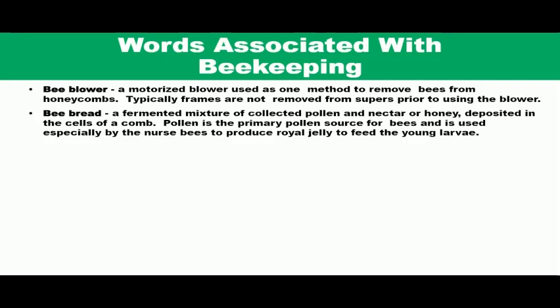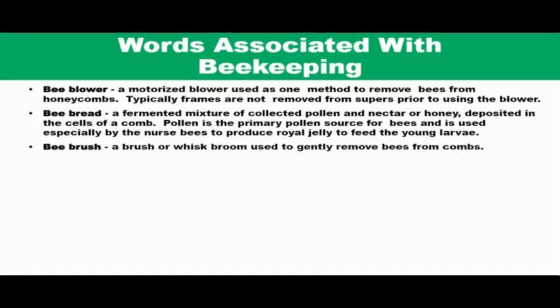That is a fermented mixture of collected pollen and nectar or honey deposited in the cells of a comb. Pollen is the primary protein source for bees and is used especially by the nurse bees to produce royal jelly to feed the young larvae. Okay, so these are also technical terms. Those who are into beekeeping understand these terms.